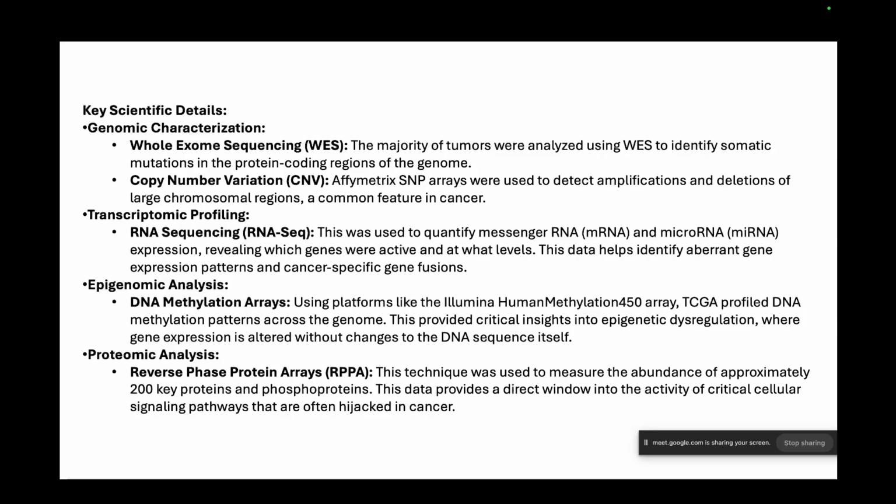That is targeted sequencing, which is the whole exome sequencing. On top of that you have CNV data, RNA sequencing data for transcription profiling. For epigenomic profiling, there are DNA methylation data, and there is also proteomic analysis. So this is a comprehensive multi-omics project which provides data of all kinds that you can think of.